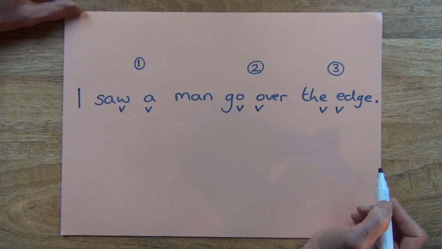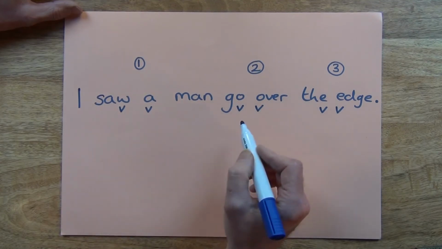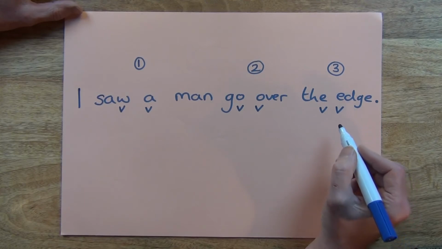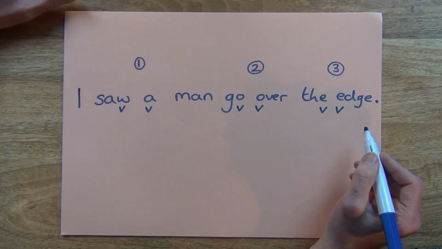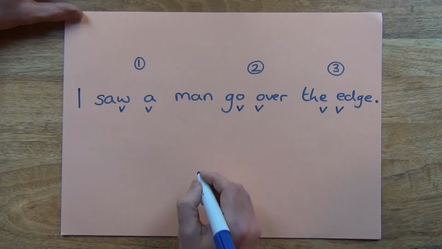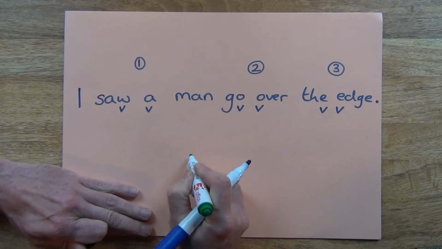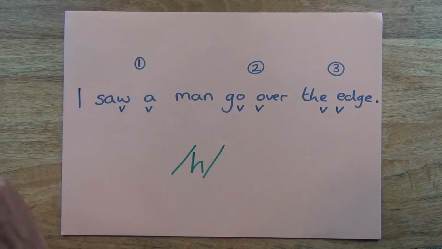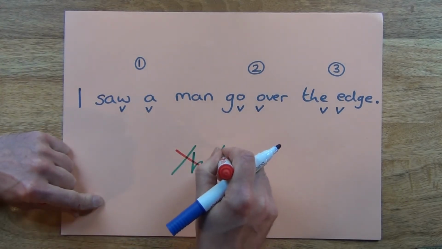So some of my students say it like this. They say, I saw a man go over the hedge. And hedge is a completely different word altogether. So, the first thing to understand is that we never use the sound h to connect vowel sounds together in English.